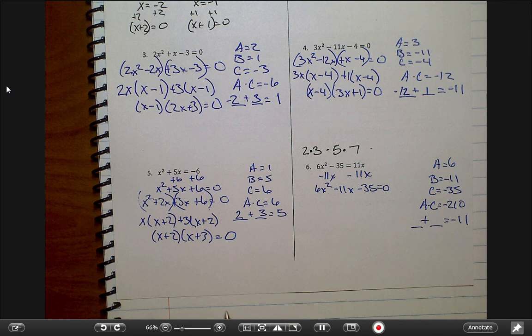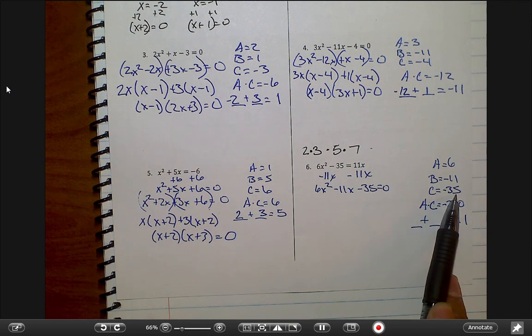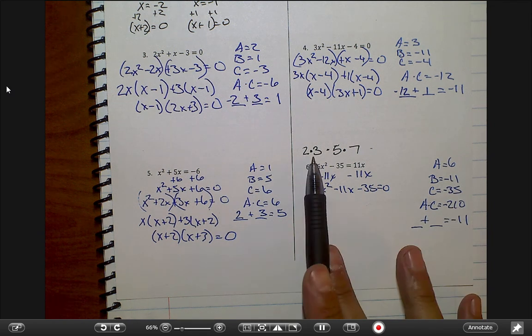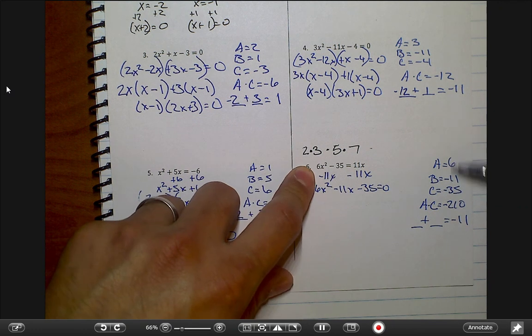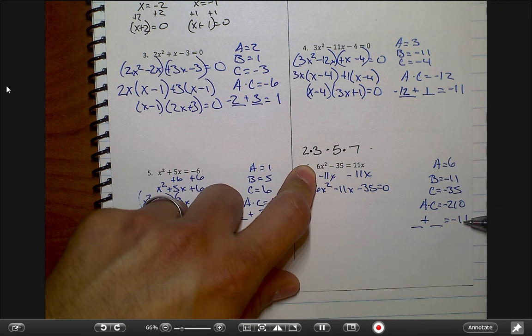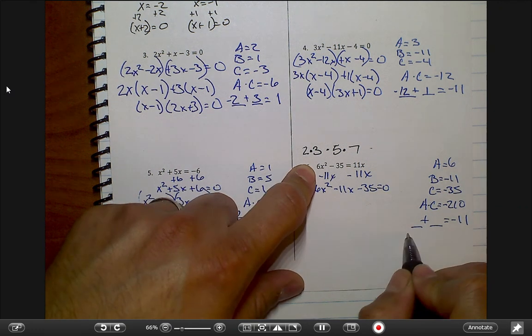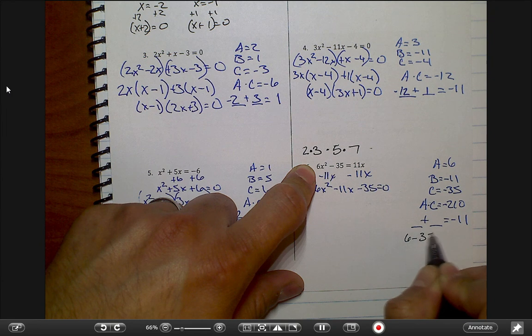What's 5 times 7? Okay. Yeah, we're breaking it down into factors. So watch this. What about 6 and negative 35? Is that going to give me negative 11? That's not equal to negative 11.